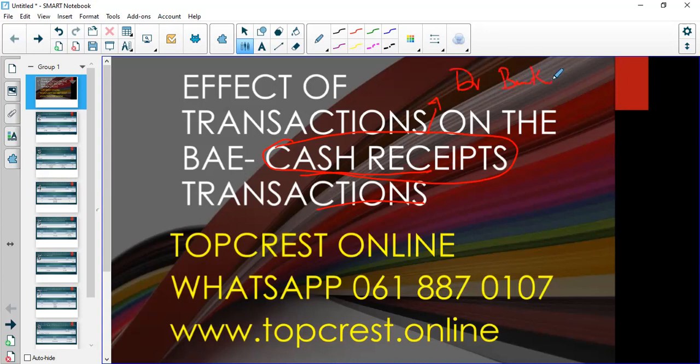So that makes our job very easy because we receive the cash, we're going to debit the bank account. So the first leg of the double entry transaction is always to debit bank. Then we have to think in terms of which account to credit, but we already know the account to debit is the bank account.